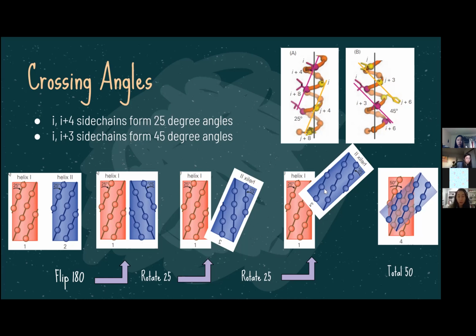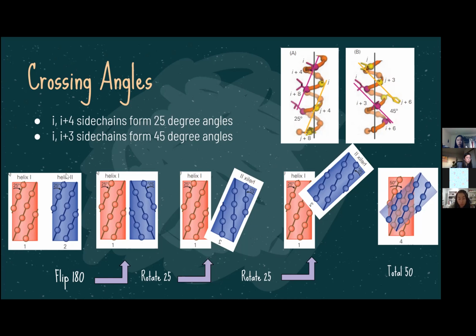And just to understand why these interactions have to happen at a certain angle, we can take this example of helix 1, helix 2. This forms a 25-degree angle, and this forms a 25-degree angle as well. So we can assume that the ridges that are formed here are from i plus 4 side chains.